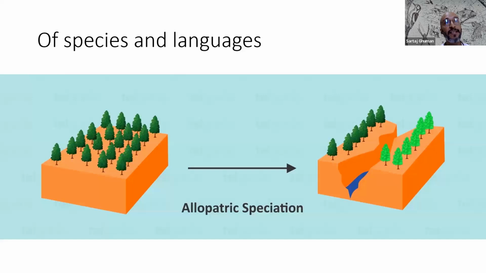If you can imagine this happening, you will know that dialects arise this way. And given enough time, these dialects would accumulate changes that would make them different enough from each other to be mutually unintelligible, which is to say they would become two different languages. So this happens in the natural world as well, and this is how species are formed. And we call this speciation. And this is the process of evolution. This is basically the engine of evolution.